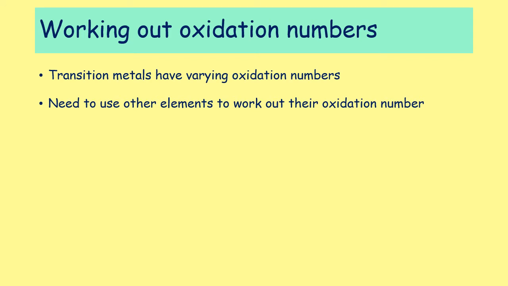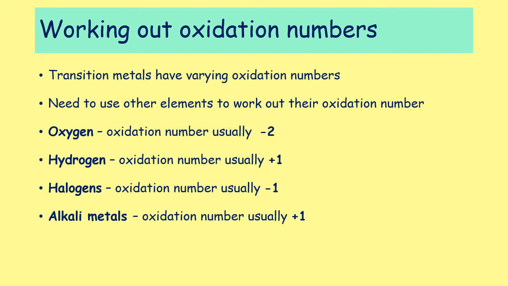And there are certain atoms or ions that always have fixed oxidation numbers. Transition metals are not like that. And so whenever you're wanting to work out the oxidation number of a transition metal, you need to look at the elements around it and use those to help you find out what the oxidation state of a transition metal is.